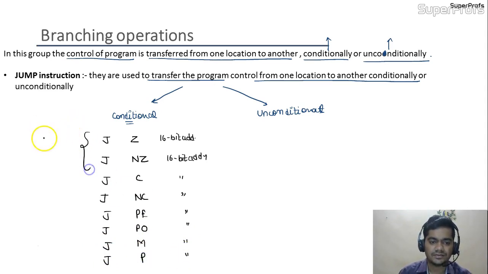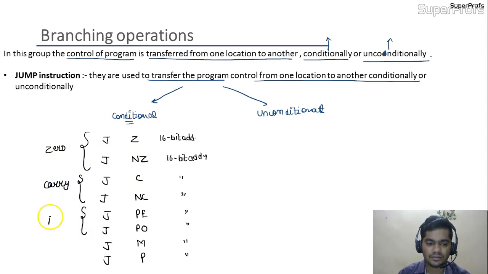So this is for the zero flag. The conditions that should be followed are for zero, this is for carry, this is for parity, and this is for the sign flag.